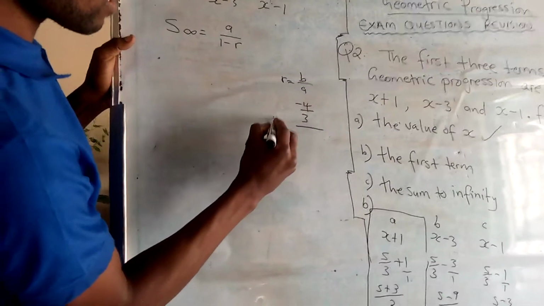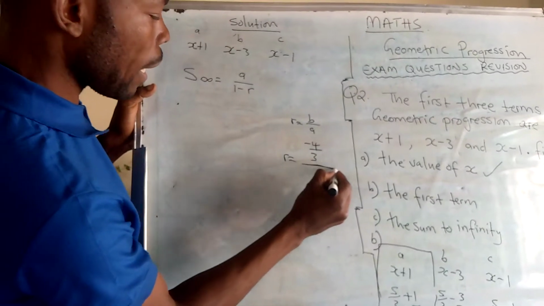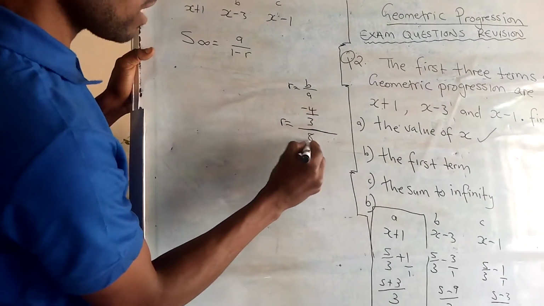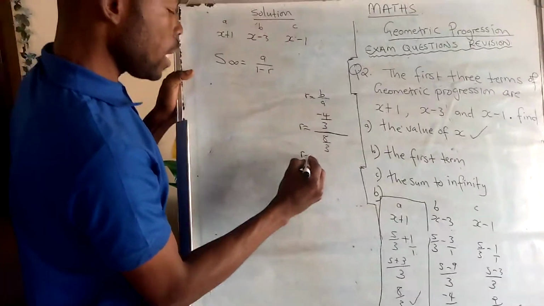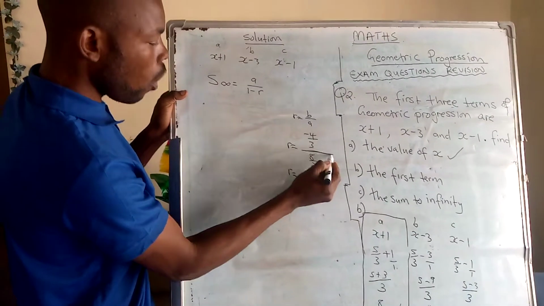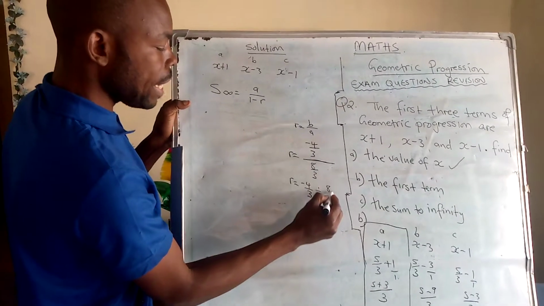We know that our B answer is our second term, which is negative 4 over 3, divided by our A, which is 8 over 3. So in this case, ratio is negative 4 over 3 divided by 8 over 3.